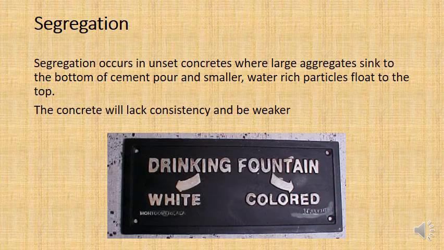So now I want to talk to you about segregation. Now, what does segregation mean? Well, segregation is a word which means the separation of things or people that are different. The word is most commonly used in the English language to describe segregation between races.